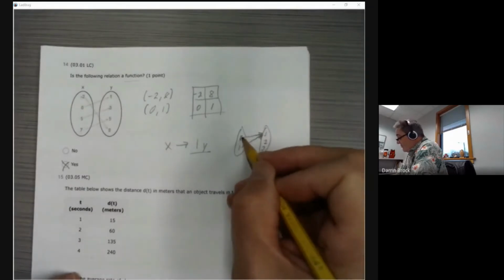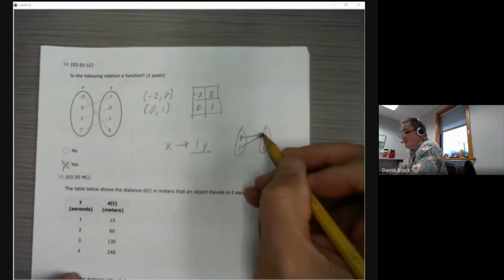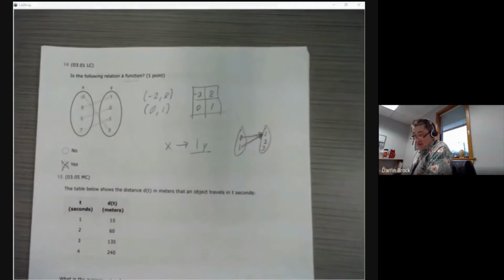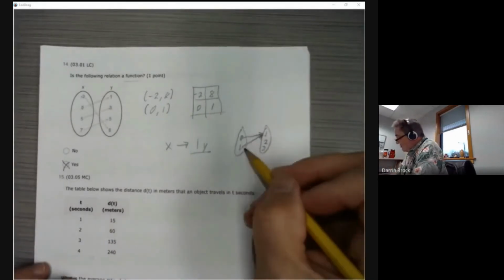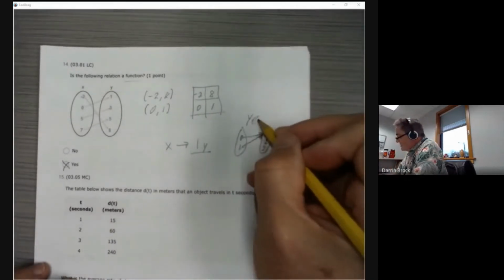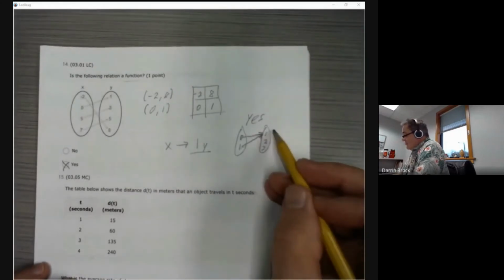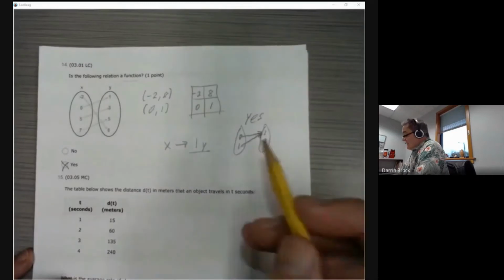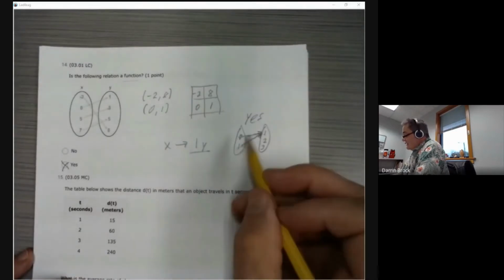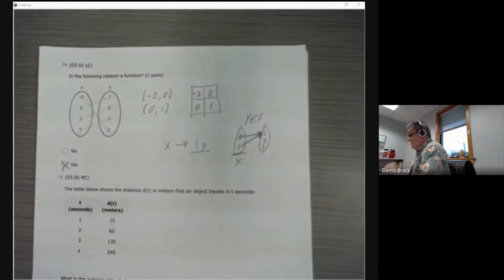This x only got 1, and this x only got 1. They each only got 1, so that's also a function. It doesn't matter that nobody paired up with 2 or 3, and it doesn't matter that more than one used the same y. Each x only got 1.